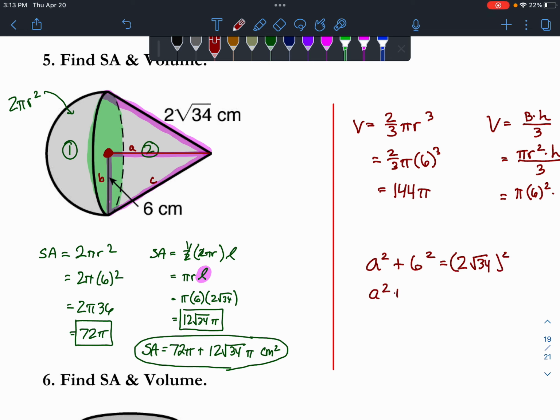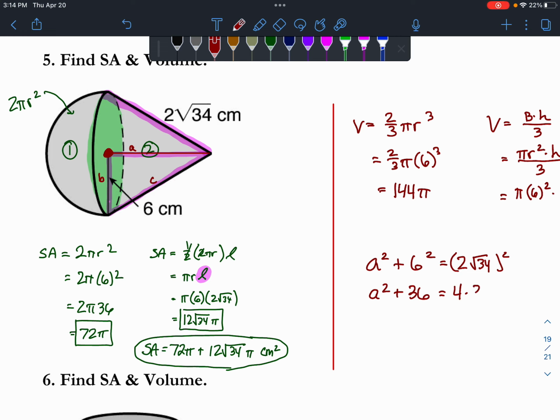Starting off, 6 squared gives you a nice 36, but when we get to this portion of it, remember that you treat these kind of individually. You square the number that's on the outside, and you square the number that's on the inside as well. 2 squared should give me 4. The square root of 34 squared, squaring something and square rooting something, undo each other.